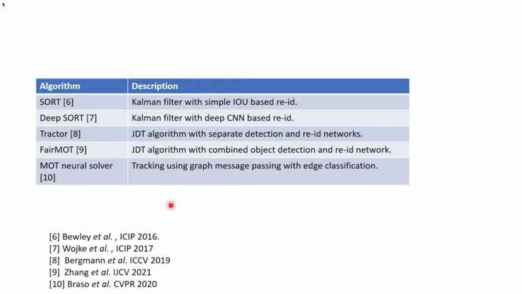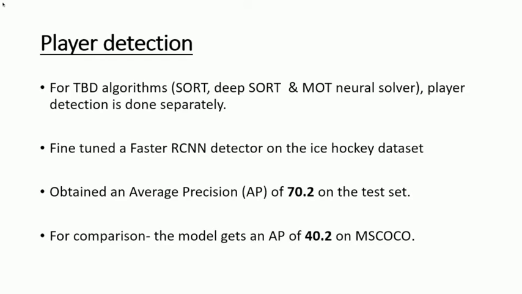Players are treated as nodes and they are connected with edges. And then it does graph message passing and classifies the edges to determine whether 2 players belong to the same track or not. So for the tracking by detection algorithms, SORT, DeepSORT, and MOT Neural Solver, player detection is done as a separate step.